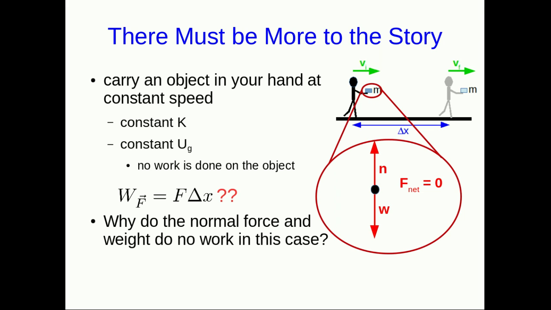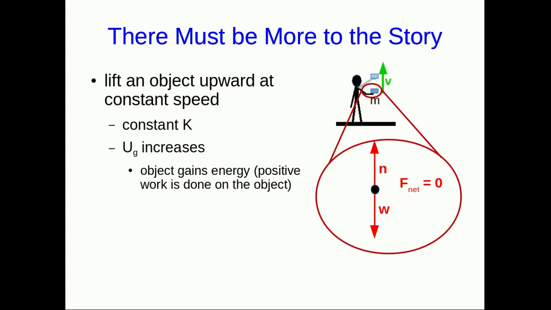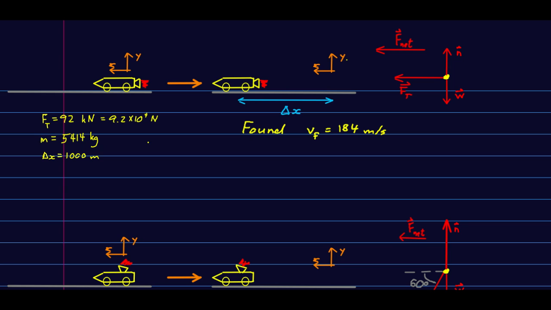Why is it that in the one case the normal force and the weight do no work, apparently, because no transformation of energy is taking place, whereas in this case clearly some force is doing work because this object is increasing its gravitational potential energy? In the last lecture we looked at this case with a rocket car going down the runway, and we knew the thrust due to the rocket engine, and we knew the mass of the rocket car, and we knew how far it was going.